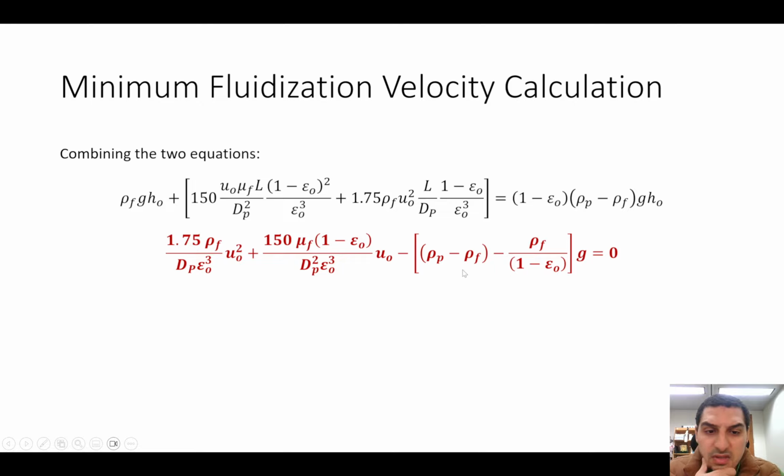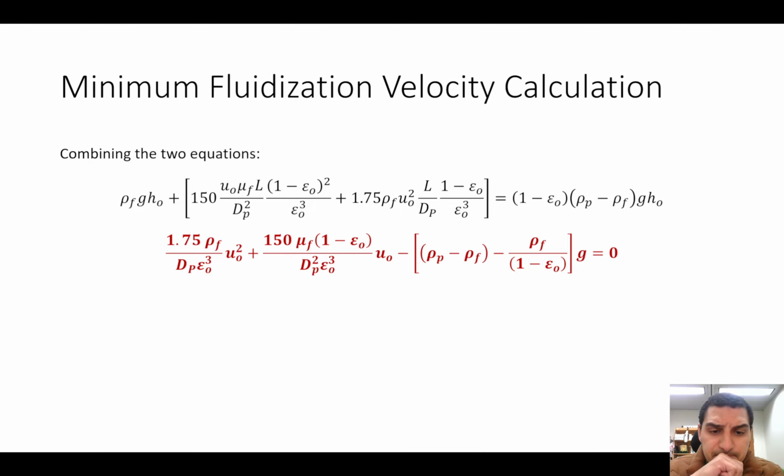And as I told you, the term of rho fluid g H node is not a significant term. Usually the particle density is in the range of thousands, and fluidization is mainly for gases, so the fluid density is in the range of ones or something around this. So this term is going to be negligible, and this term is going to be negligible as well, so you can put it as rho P. It's a very valid assumption, or approximation.